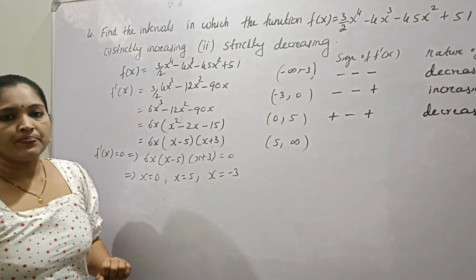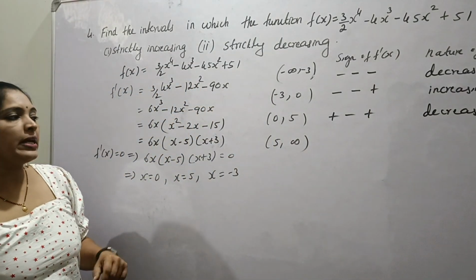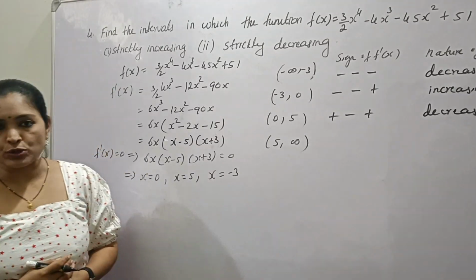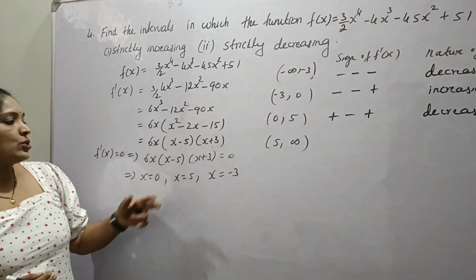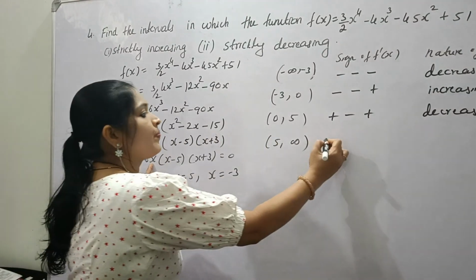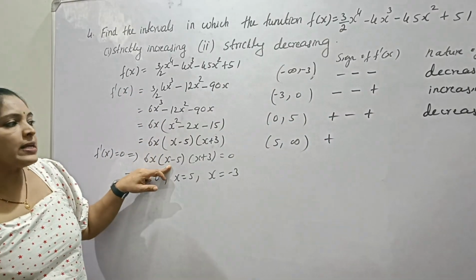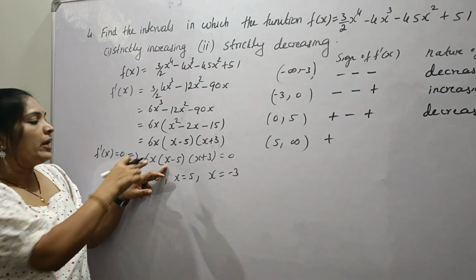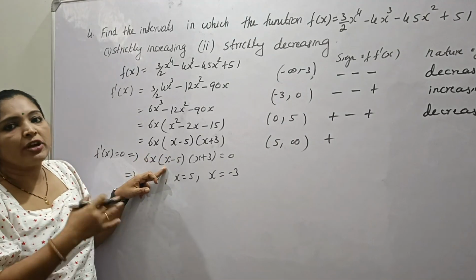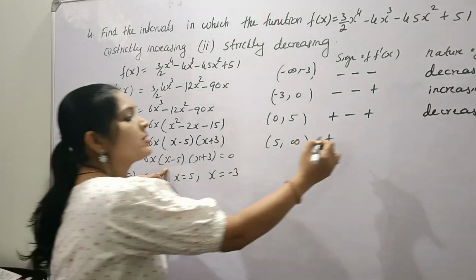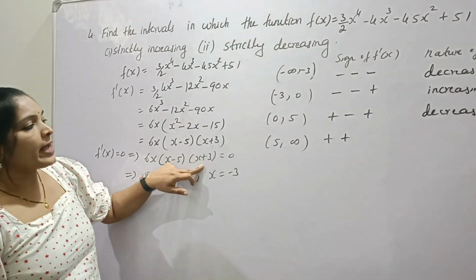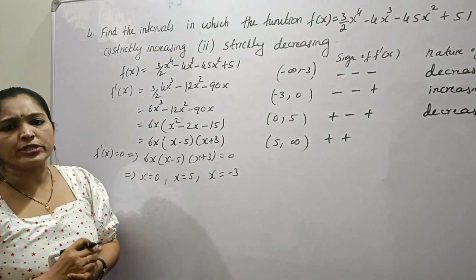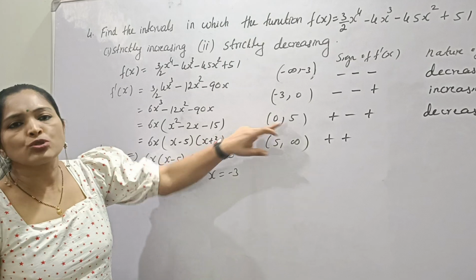Then in this interval, x belongs to 5 to infinity. See, here all the values of x are positive and greater than 5. So here the first term is positive. And x minus 5, x values are greater than 5; if it is 5, it is 0. So greater than 5 means greater than 0. So it is plus. Then x plus 3: if you are confused, just put any value belonging to this interval.